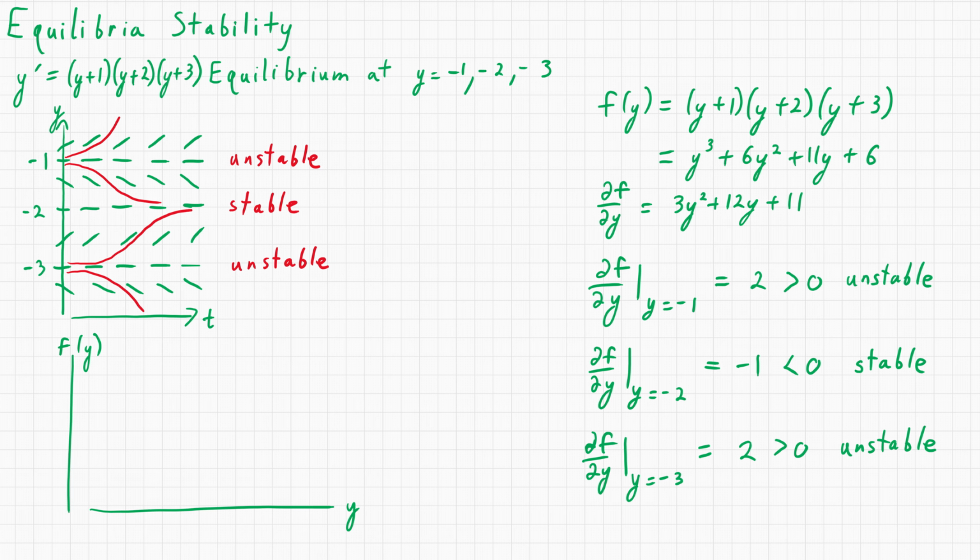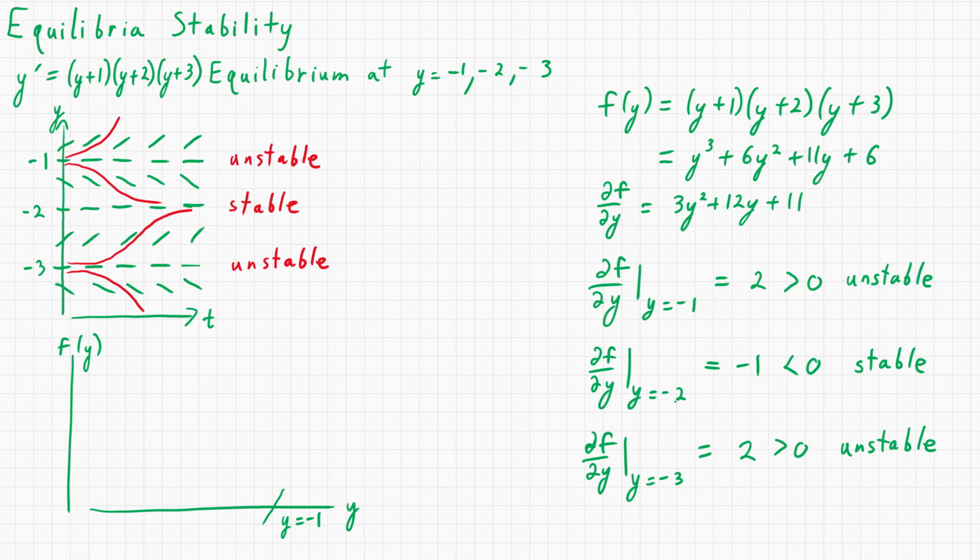And we can actually use these as well to draw what the phase line graph would look like. So if we pick our points here at, let's say, -1, -2, -3, we know that partial f partial y has a positive slope at -1. So that means it has to pass through something like that at y equal to -1.